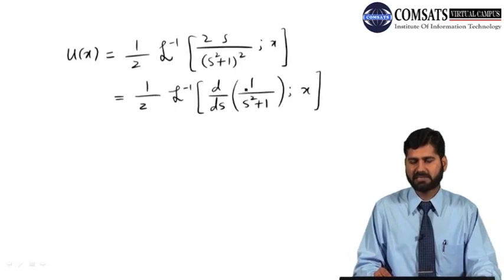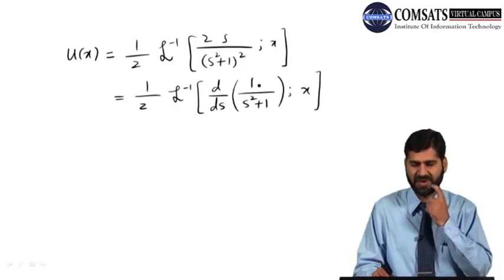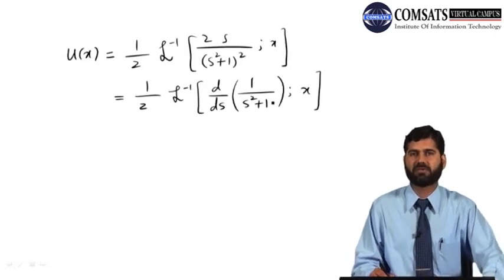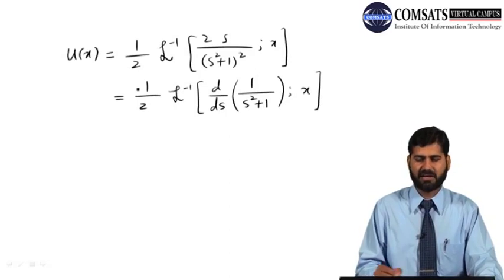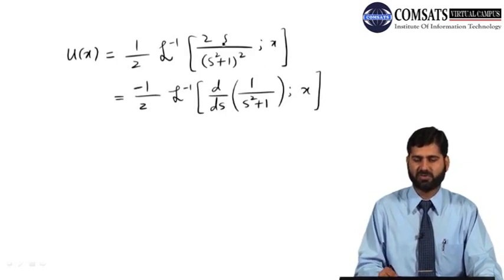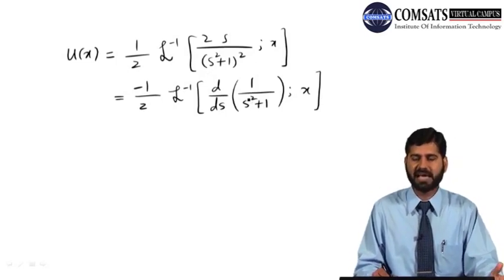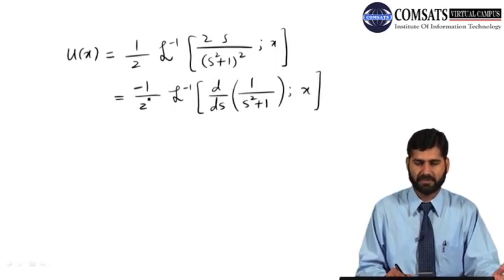You will get minus 2s over s square plus 1 squared. So you see I can write minus 2 outside. So minus 2 is compensated now. Right? Now if you take the derivative, what will be the extra thing? Negative 1 by 2. So I replaced it by negative 1 by 2. All right?